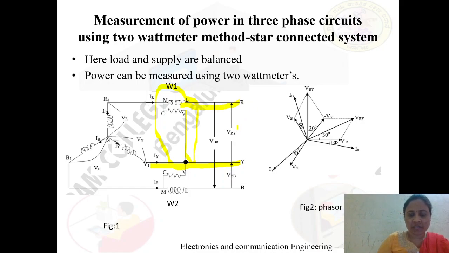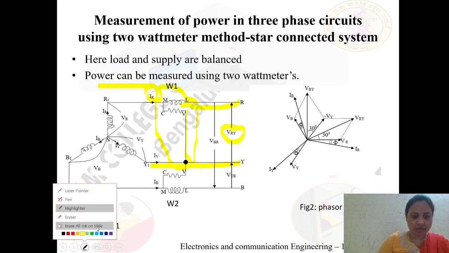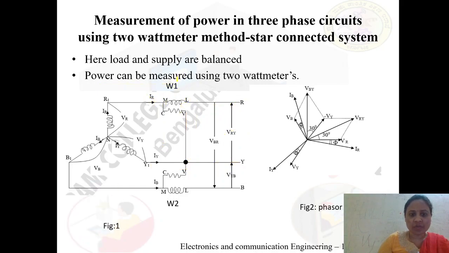So the voltage is VRY and the current is IR. I repeat, the first wattmeter W1 reads the current IR and the voltage VRY.